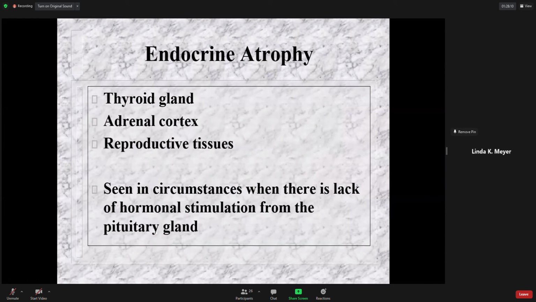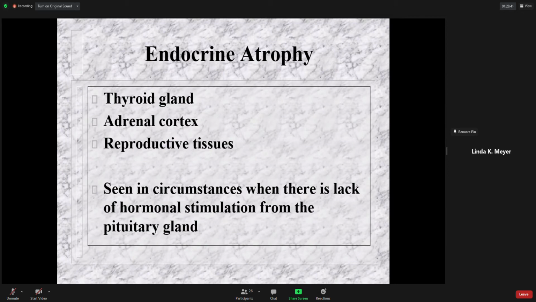Okay, and then finally, there's what's called endocrine atrophy. The pituitary gland is our master gland, and it's going to stimulate other areas in the body to produce hormones as well. Sometimes when there's a lack of hormonal stimulation, that can lead to a decrease in the size of different areas.